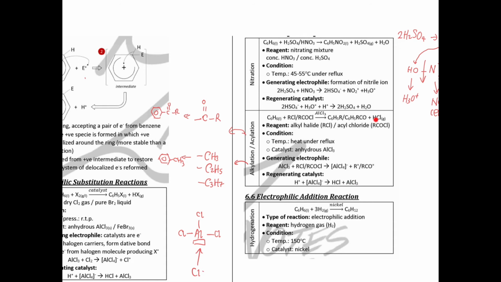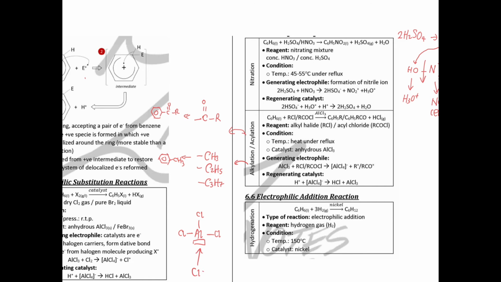So that's why HCl is one of the product. Okay? Aluminum chloride is just the catalyst you can put up here, and then the reagent is benzene ring with RCl or RCOCl. It's up to depends on which one are we talking about. Okay. Heat under reflux, anhydrous aluminum chloride as catalyst. Okay, these are all about electrophilic substitution.